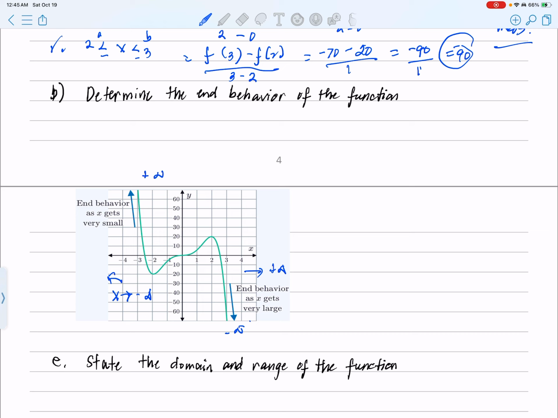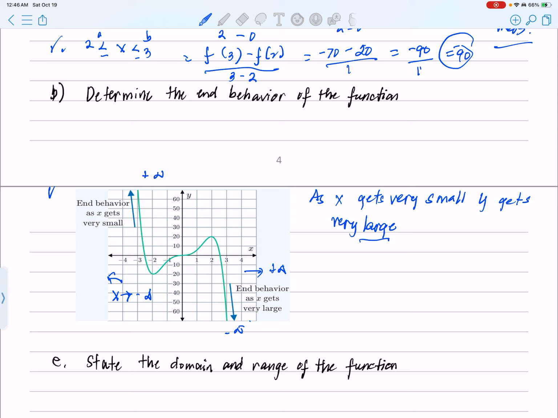Okay, I'm going to write it here. As x gets very small, that is somewhere here, what happened to the y value? It approached positive infinity. The x is negative, while the y value approaches positive infinity.